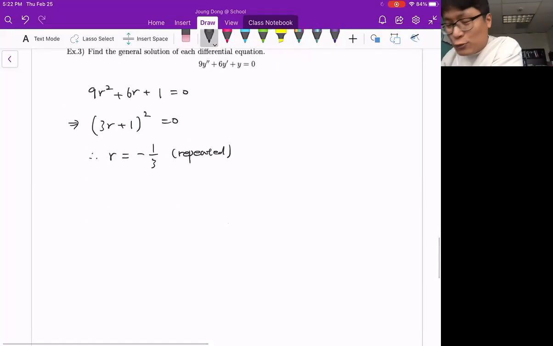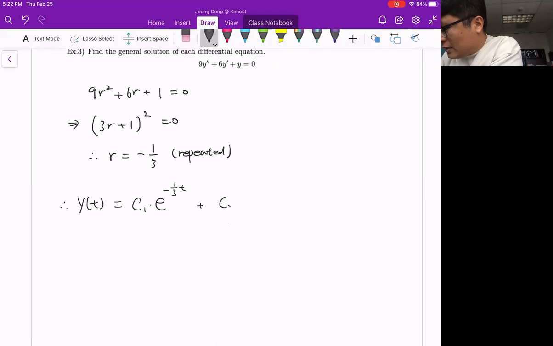Then what is your general solution? It's easy. y(t) is equal to c1 e to the minus 1/3 t plus c2 t e to the minus 1/3 t. That's it. Even though we spent about 2 hours going over all these things, it is a very simple thing, right?